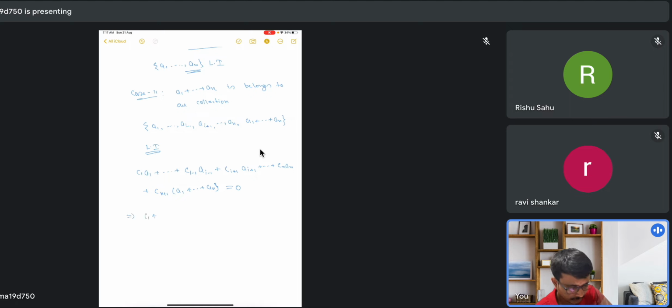We will get c1 plus cn plus 1 times a1. Here the element ai was missing, but here we will get ai, which is interesting. Then ci minus 1 plus cn plus 1 times ai minus 1, and here we will get ai again because of this expression, up to cn plus cn plus 1 times an, equal to 0.